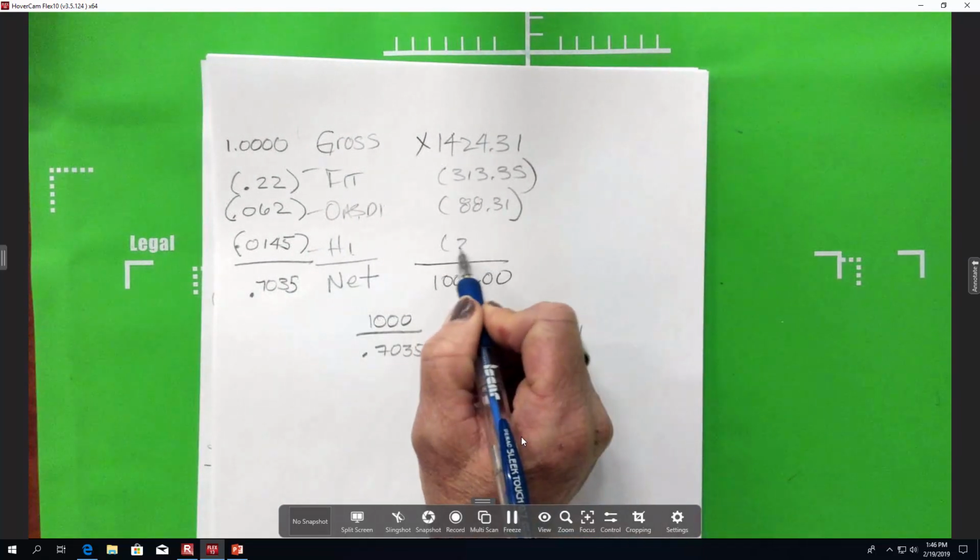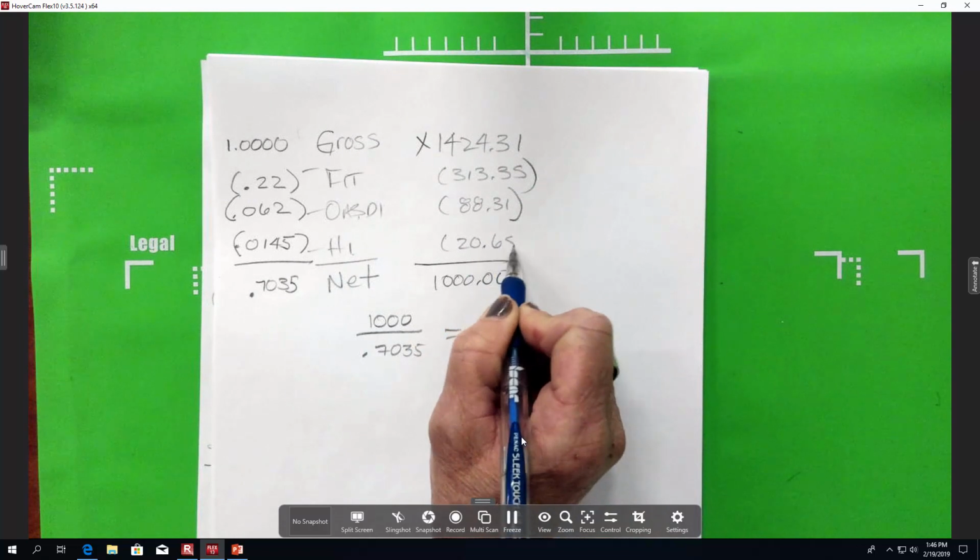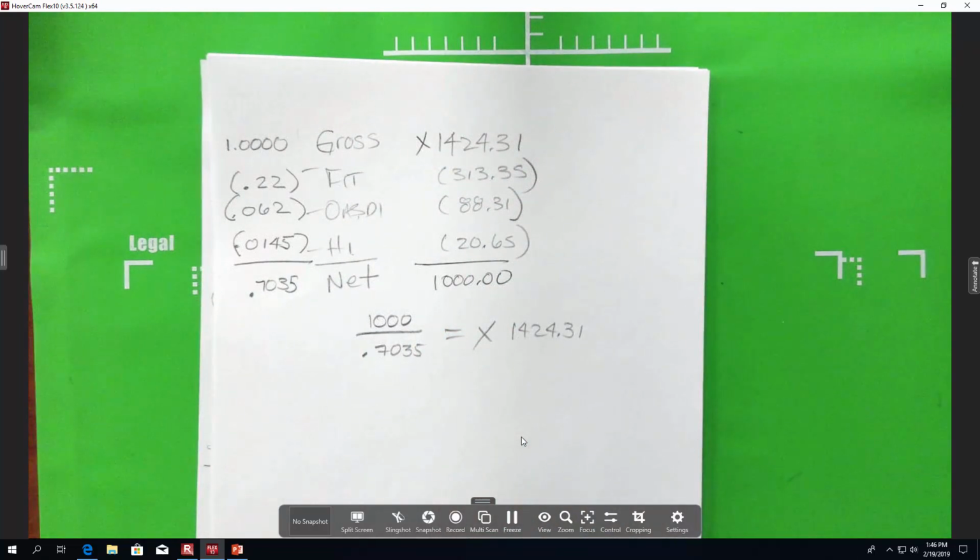And how much is my HI? And then you might need to round in there a penny or two, because obviously you want it to come right down to $1,000. So if I take 1,421.31, I can see I'm going to need to round.